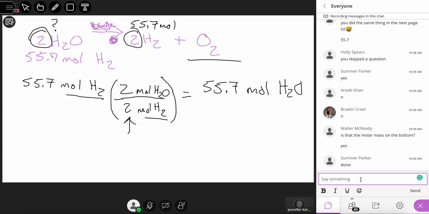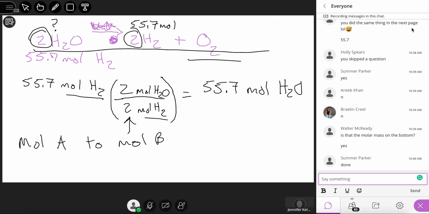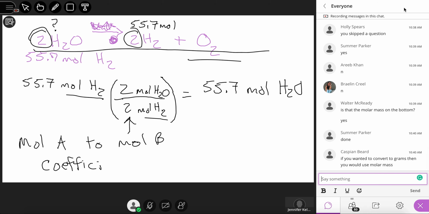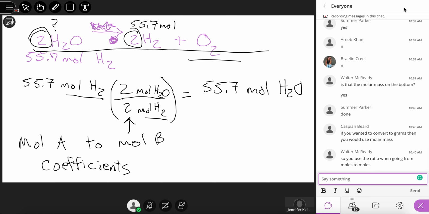That's the coefficient, because if I'm going from moles of A, which could be moles of one thing, anything, to moles of something else, and I have an equation like this, then I'm going to use my coefficients. Correct. If I wanted to convert to grams, I would use molar mass. And I think that's actually the question that we have. Maybe the question we have above it. No, it's another question of moles. So we're going to do something pretty similar. Correct. That is correct, Walter.